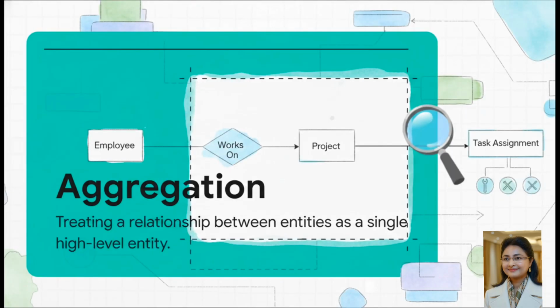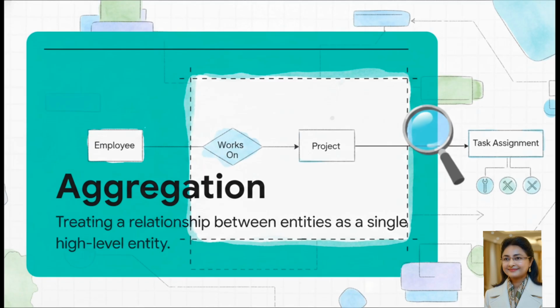The second tool in the extended ER model is aggregation. Now, I know this can sound a bit tricky, but the concept is actually quite direct. It's simply treating an existing relationship between entities as a single, high-level entity itself. Let's say you have an employee who works on a project. That works on connection, that's a relationship.